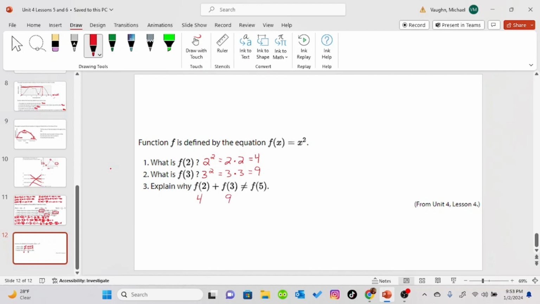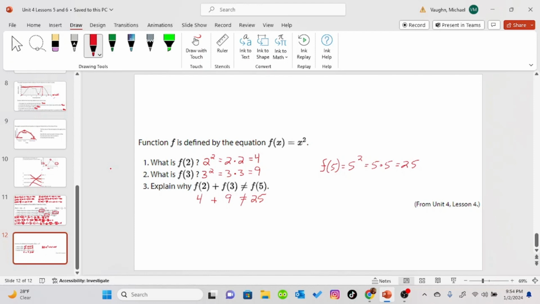But if we take f of 5, then f of 5 equals 5 squared, which is 5 times 5, which equals 25. So if we substitute this in here, 4 plus 9 does not equal 25.